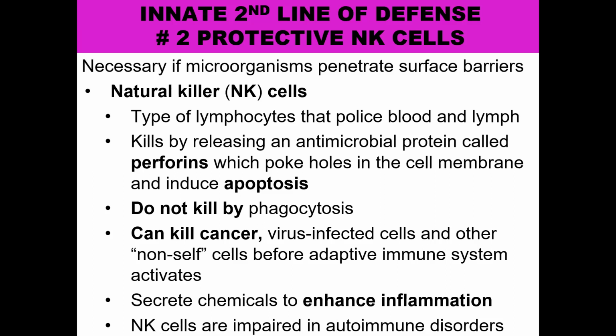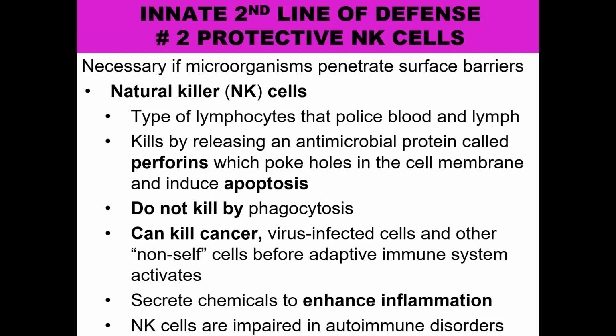They kill by releasing an antimicrobial protein called a perforin. So think about that. Perforin, it sounds like it makes pores. And what it does is punch a bunch of holes in the cell membrane, and that triggers the cell to die.